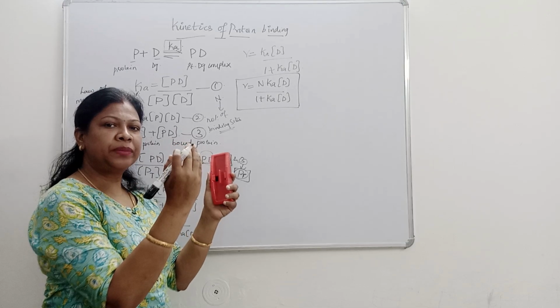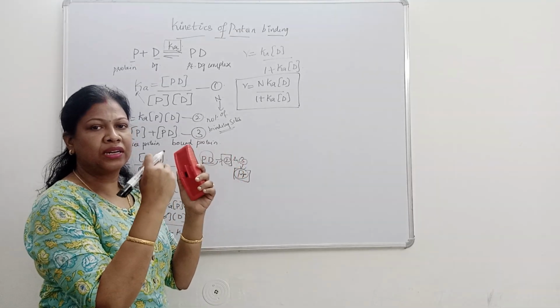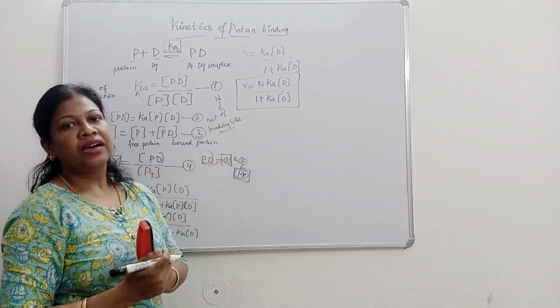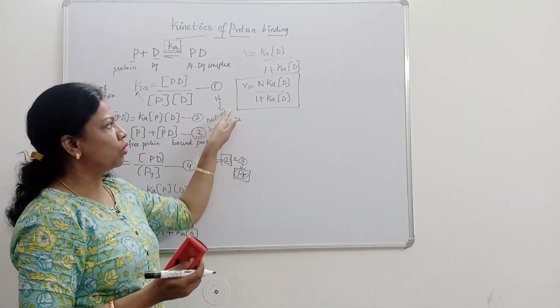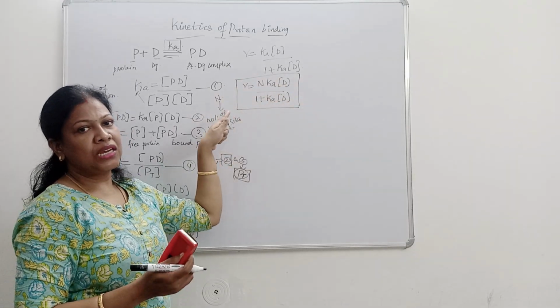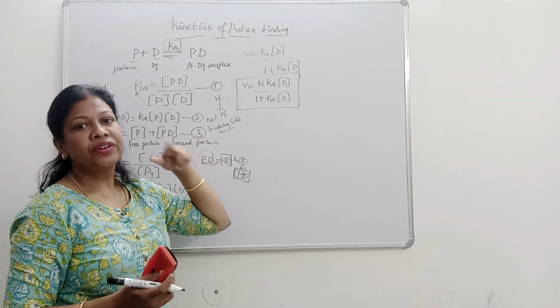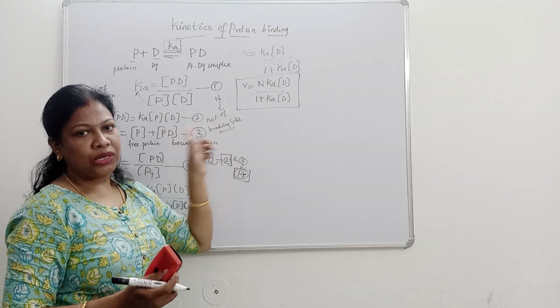So how the protein binding kinetics will be affected at low concentration and at high concentration, after saturation of protein binding sites, all will be explained by this equation, which is similar to Michaelis-Menten's equation.